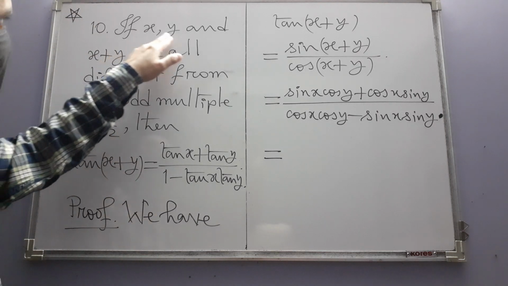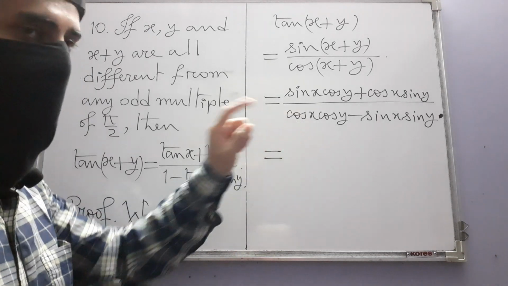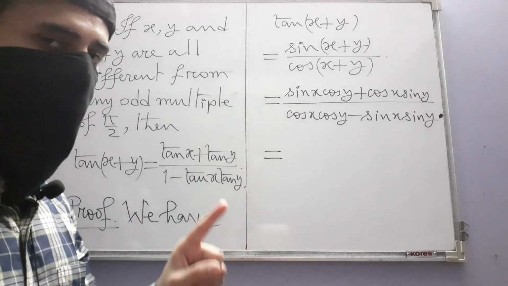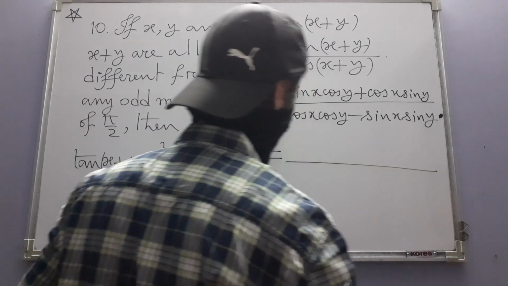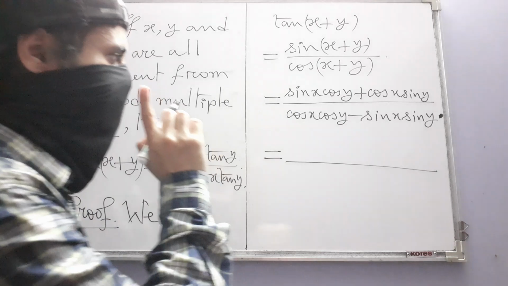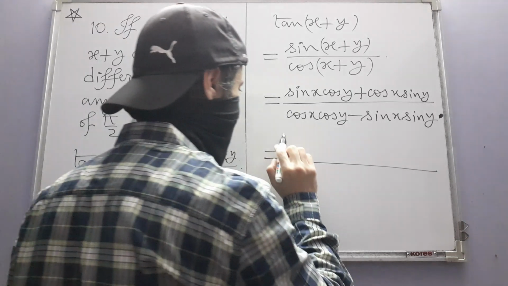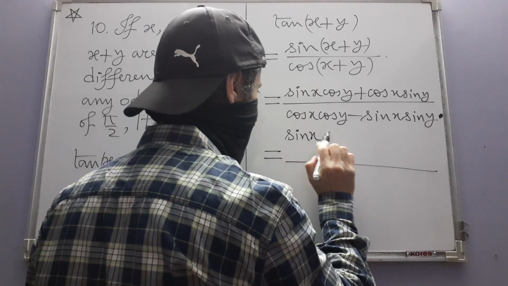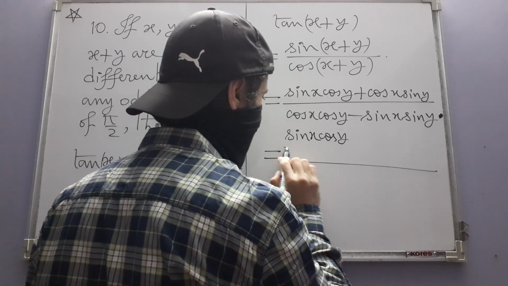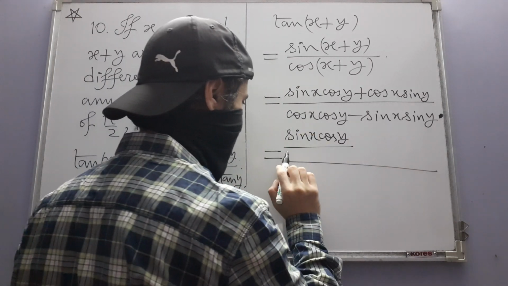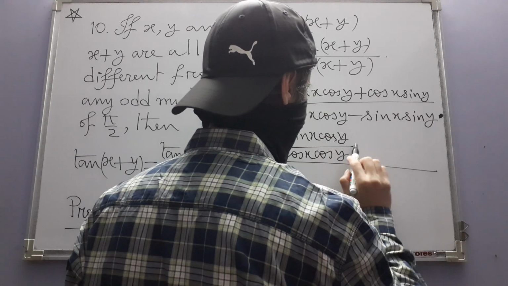Now, because x and y are not odd multiples of pi over 2, cos x is not equal to 0 and cos y is also not equal to 0. And that is why you can divide the numerator and denominator by cos x cos y, because they are not 0. And if you do so, and if I write the terms like this, say I have done that division, and now below everything cos x cos y appears.